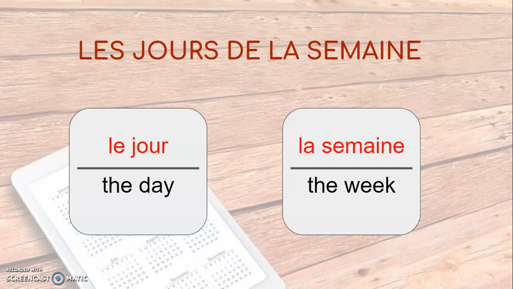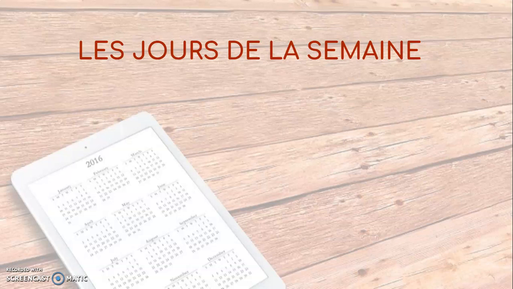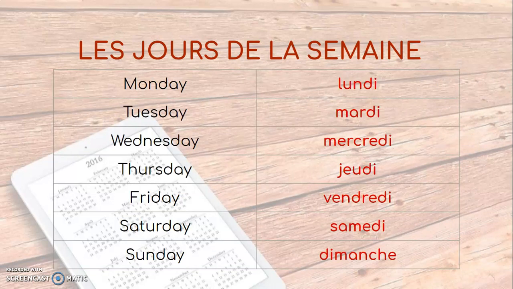Let's see the days of the week in French. Et voilà, voici les jours de la semaine en français. Here are the days of the week in French. I'll read them for you. For Monday, we have lundi. For Tuesday, mardi.